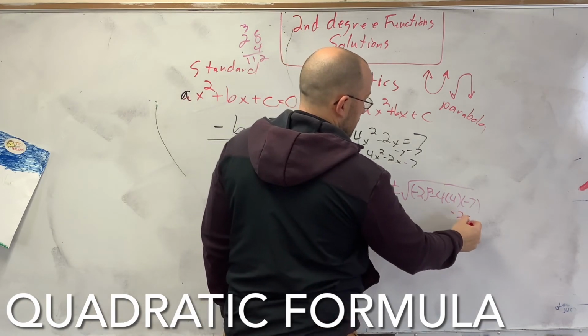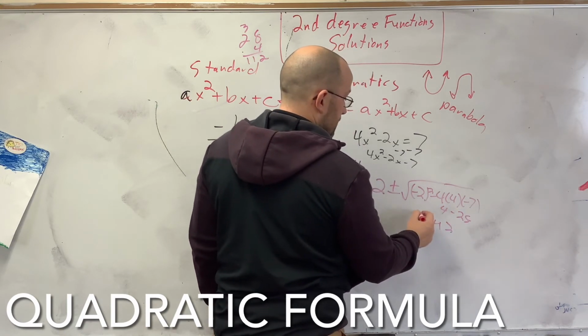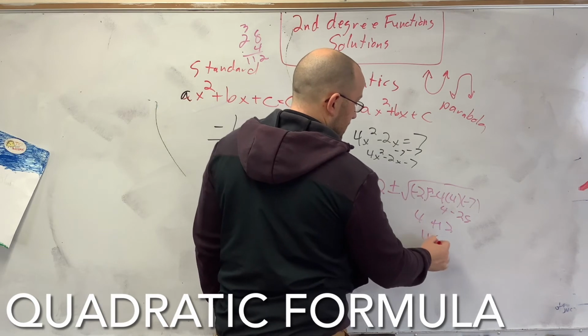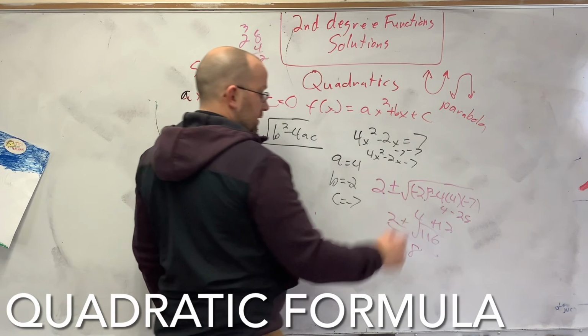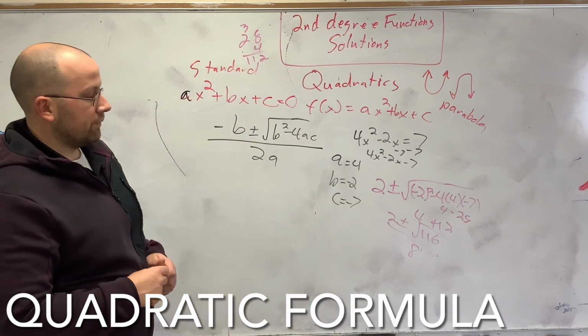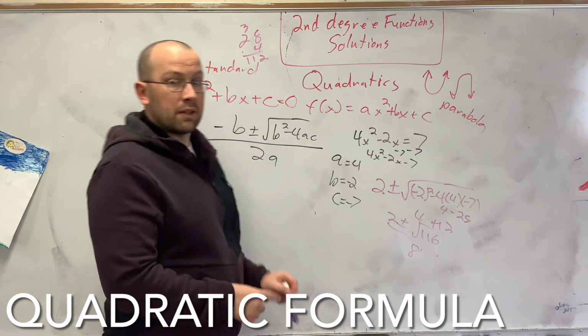That's -28 times... so I get positive 112, plus 4, that gives me 116. So 2 plus or minus the square root of 116, over 8. This is going to be a fun problem to finish because then we have to simplify it.